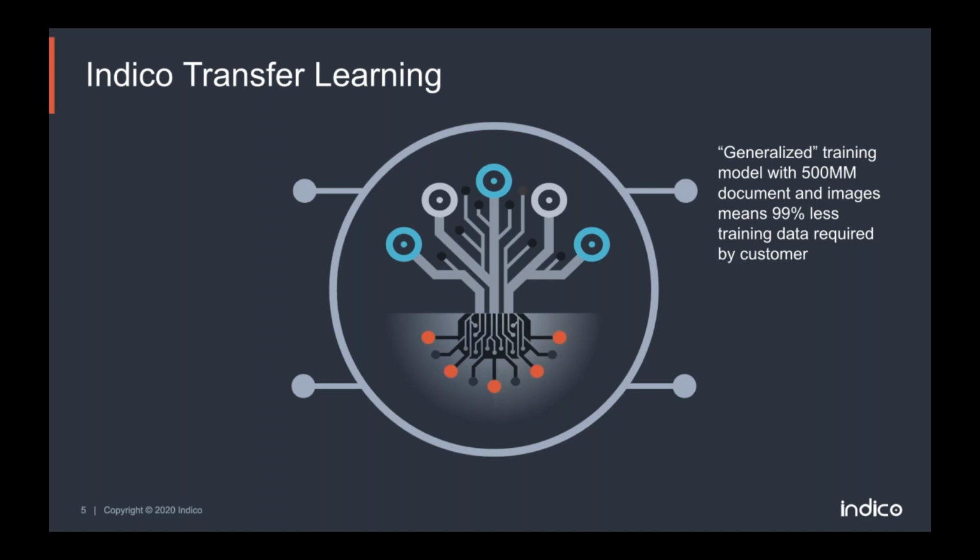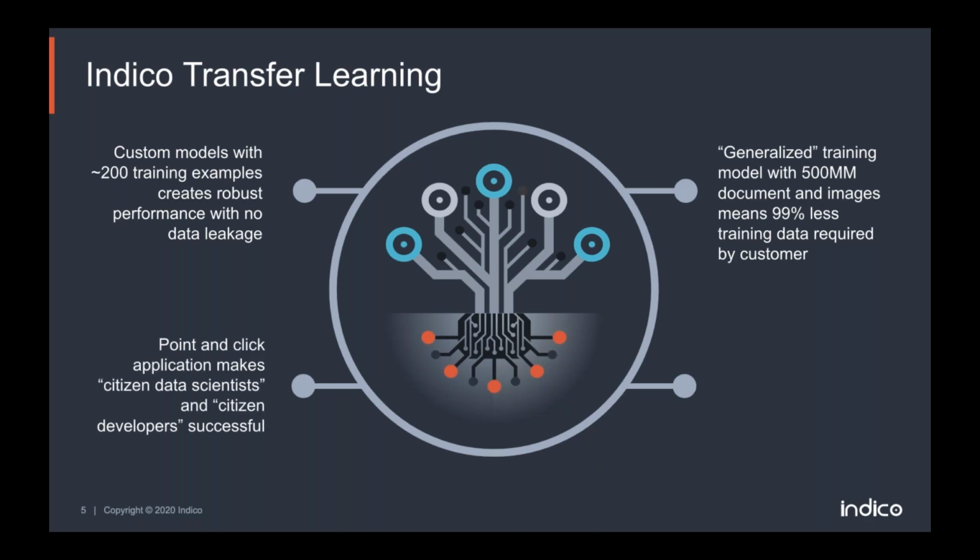With Indico transfer learning, we basically deliver that context to the customer and allow you to build custom machine learning models, we call them docbots, with only about 200 labeled examples. What happens at runtime is the generalized model transfers its vast contextual understanding of language onto the specific vernacular that the customer trains the custom model on. And by doing so, we sort of trick the model into thinking that you've labeled tens of thousands of examples.